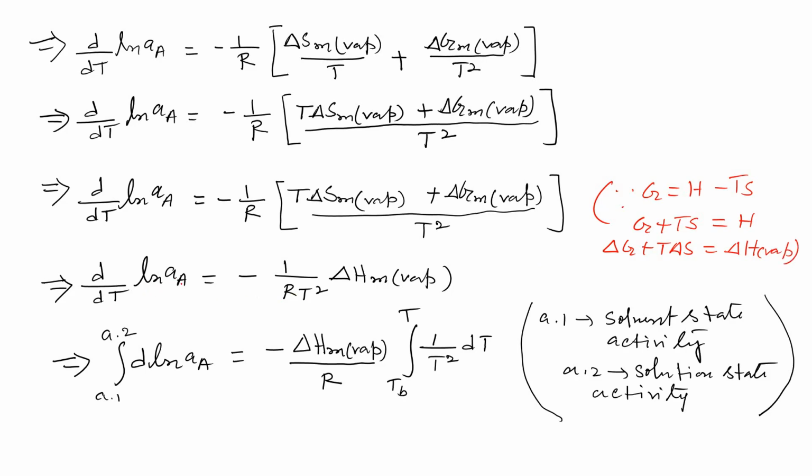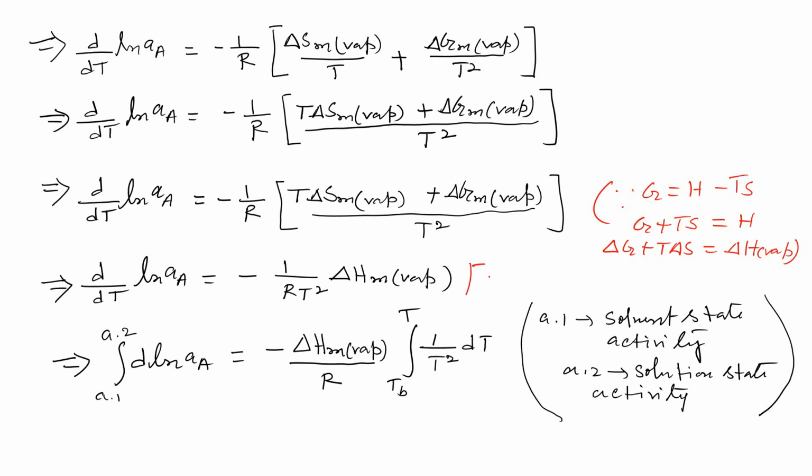So d/dT of ln activity of A is equal to minus 1 by RT square, and in this place we have written delta Hm vaporization. What is this one? This delta Hm is the latent heat of vaporization per mole of the solvent. Okay. So that is the enthalpy of vaporization or latent heat of vaporization.